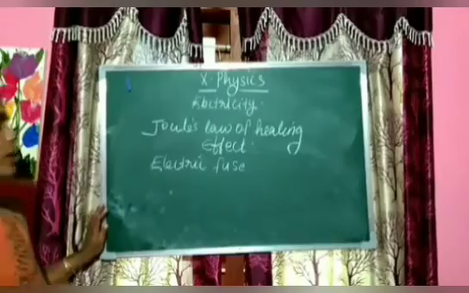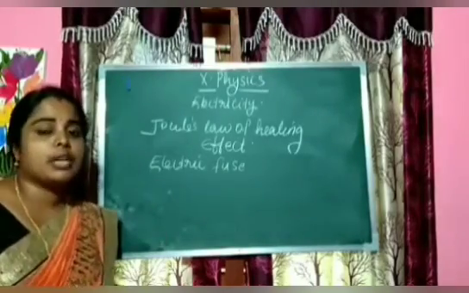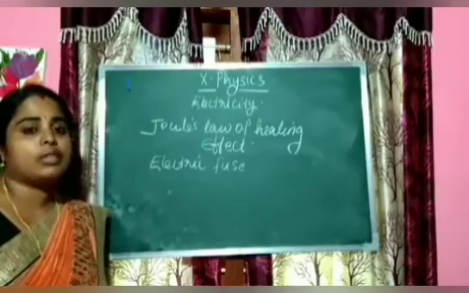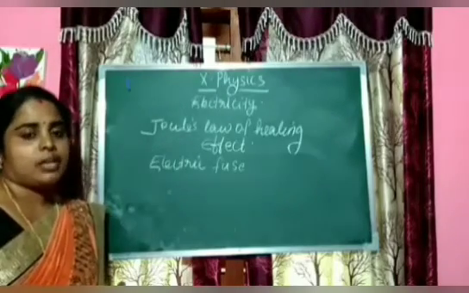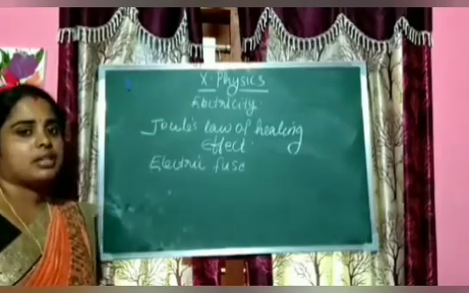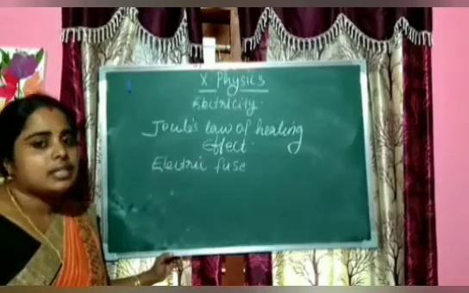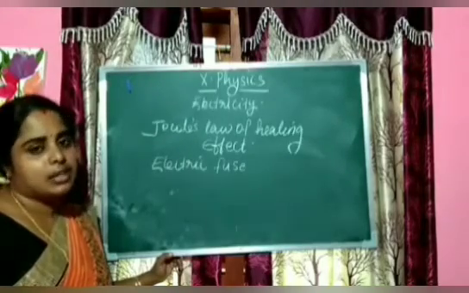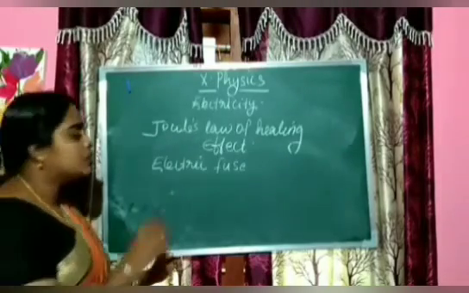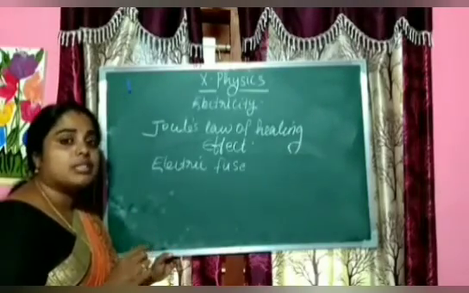The fuse wire is an alloy made up of tin and lead, and it has a very low resistance and low melting point. It saves all the equipment connected in a circuit by breaking the circuit. So what happens to the fuse in the circuit? Fuse is connected in series in a circuit.